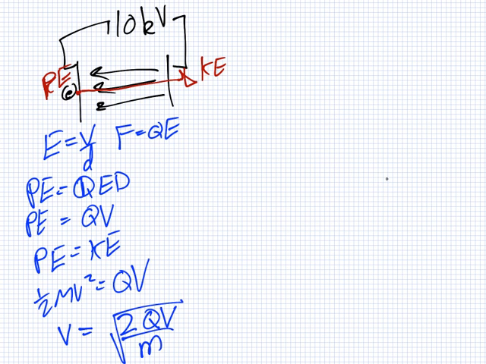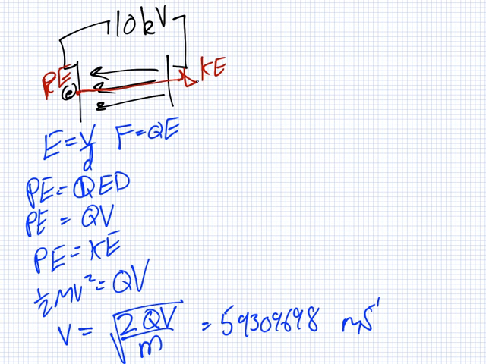Let's calculate that. 2 times the charge of the electron times 10,000 over the mass of the electron. This should be pretty fast, and it is: 59,309,698 meters per second.